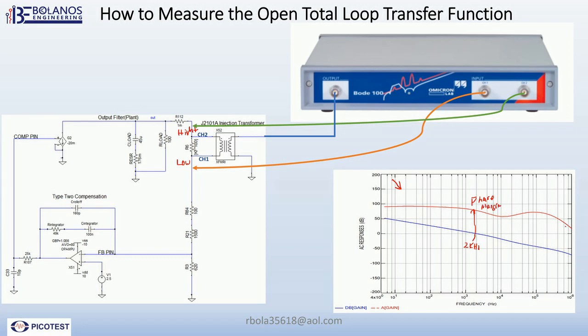And where the phase crosses the 0, I'm going to extrapolate that, the difference of where it crosses, the delta, that's your gain margin. Okay. So as long as the gain margin is greater than 10 dB and the phase margin is greater than 45, you should be fine.